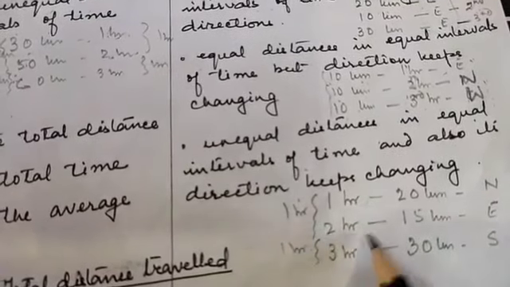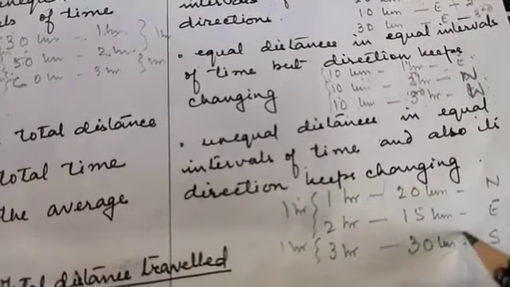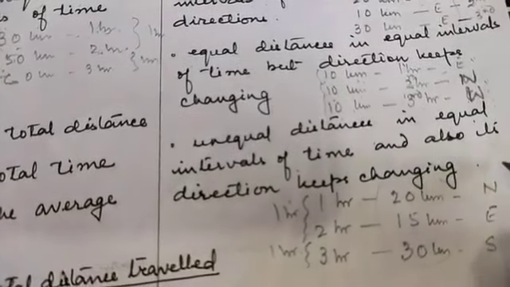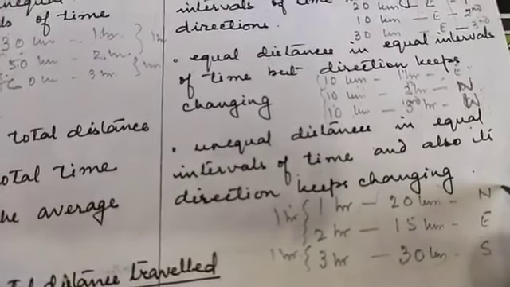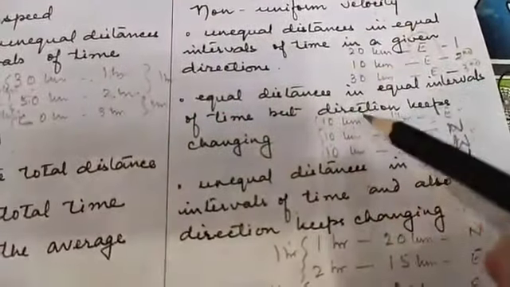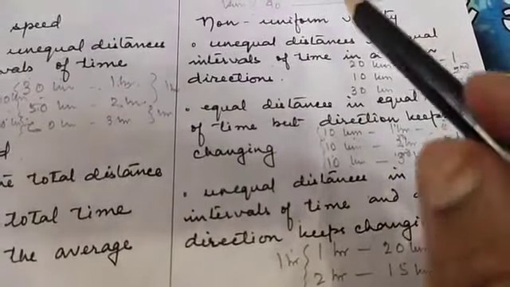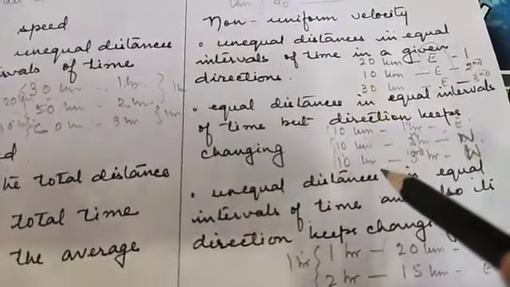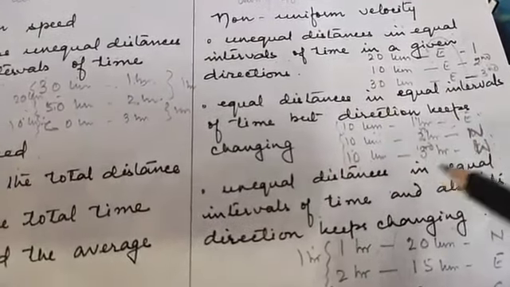So here you see the distance travelled is not equal and the direction also keeps changing. In all these three cases, we find that the velocity is not uniform. It comes under non-uniform velocity.